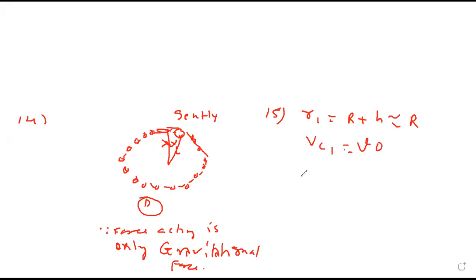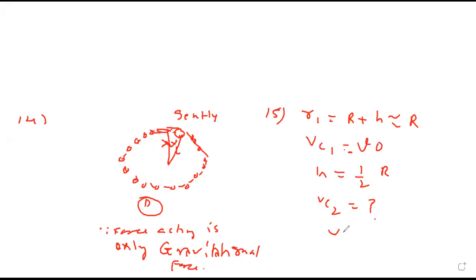For a satellite orbiting at an altitude, height, half of the radius, what will be the orbital velocity?